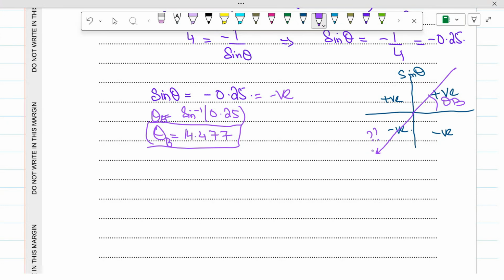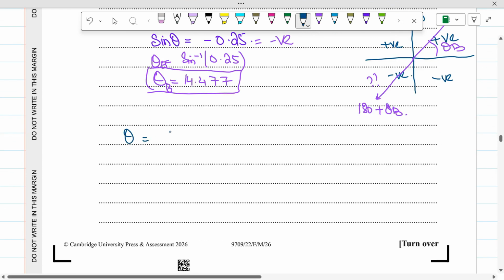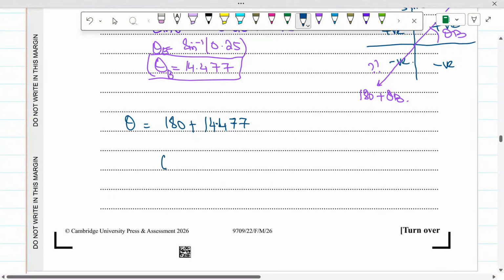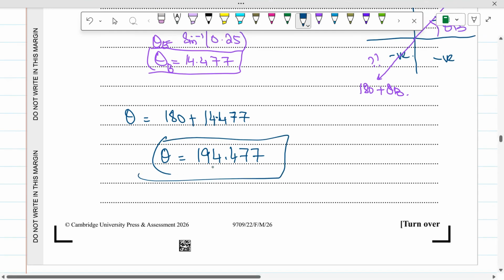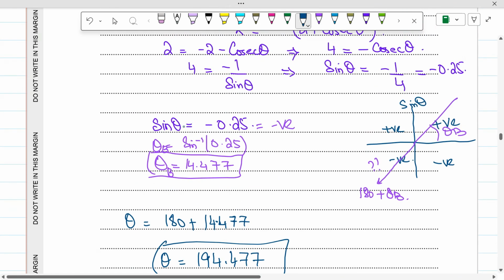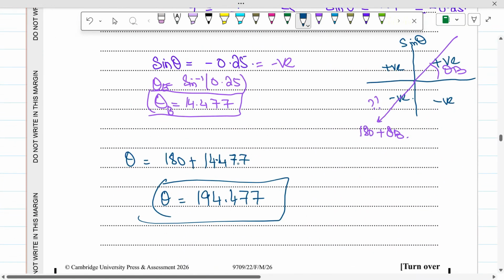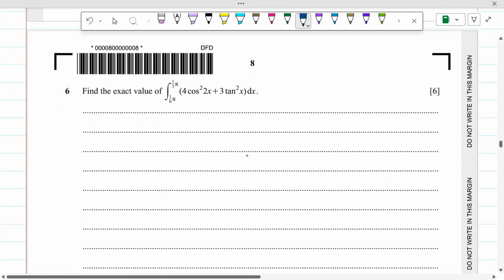An angle in the third quadrant can be calculated by adding 180 to the base angle. So the angle is 180 + 14.477, so θ is 194.477. So the least possible angle for which sin θ is negative is positive 194.477, which was required.